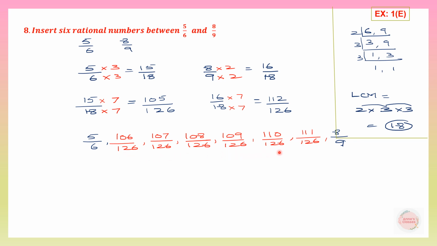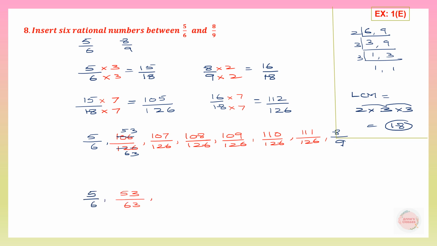Now these, if you can, you reduce them to the lowest term. So let's write the first one as it is, 5 by 6. Now here 106 by 126 both are divisible by 2. 2 5s are 10 and 2 3s are 6. Similarly, 2 6s are 12, 2 3s are 6. So what do we have here? 53 by 63.